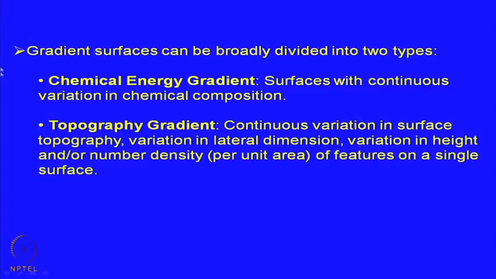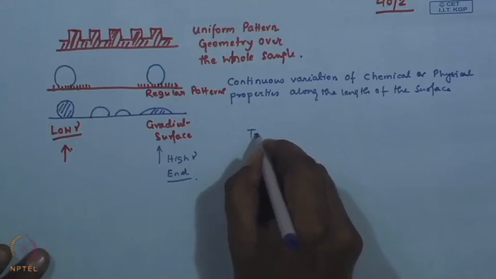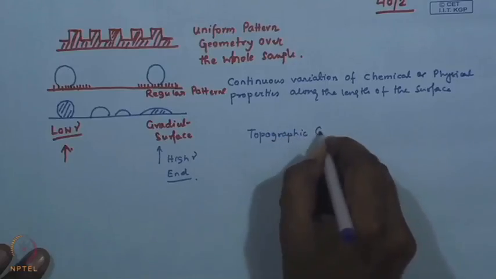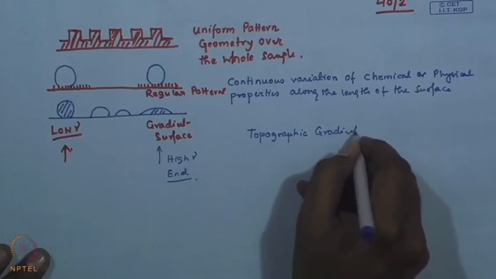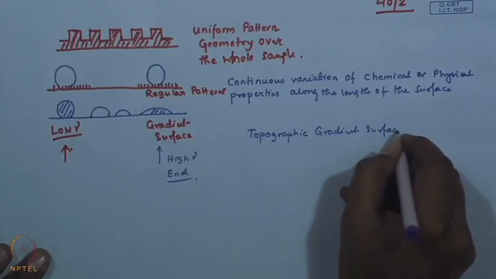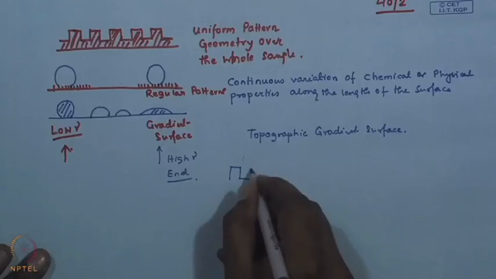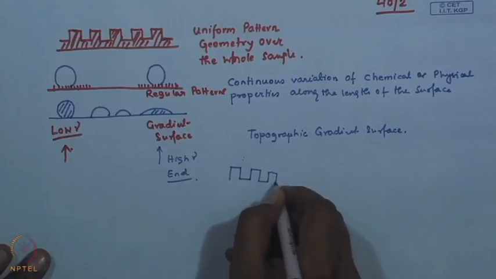The other one of course is a topography gradient. So, you have a continuous variation in surface topography, which can be regular topography or also partially ordered structures. If one is talking about a topographic gradient surface with regular structures, let us say, the structure we have talked most often is the grating.